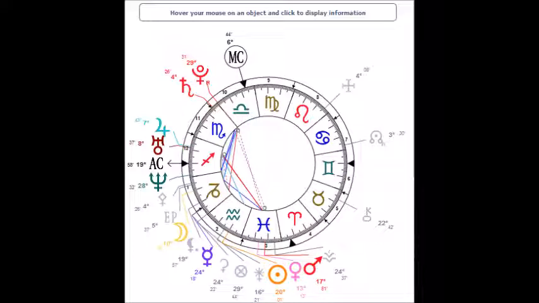Now, what's unique about her is she has a lot of sun energy and she has a lot of Jupiter energy. And I'll show you how you can see this. First house ruled by Aries. Aries is ruled by Mars.